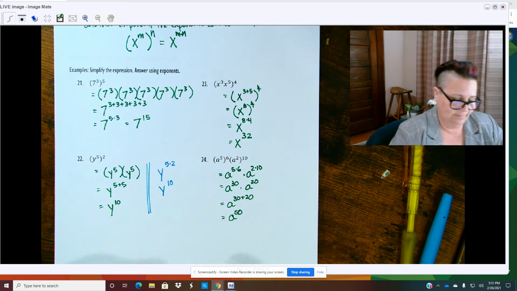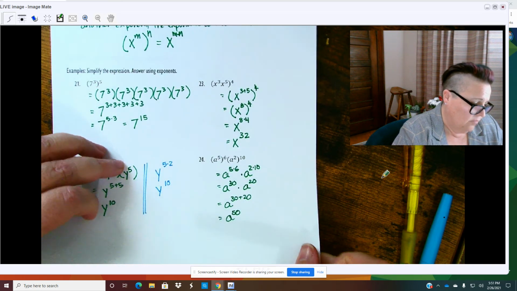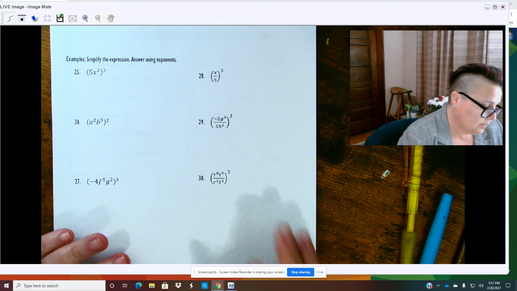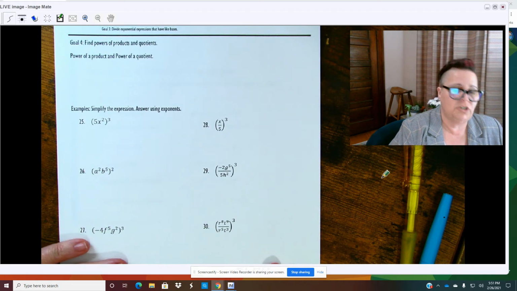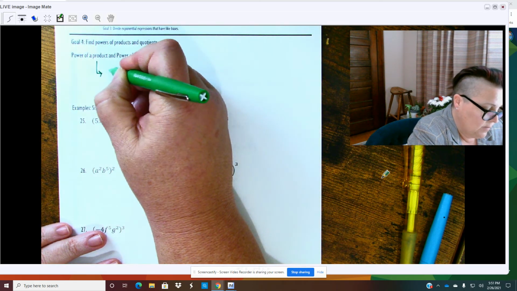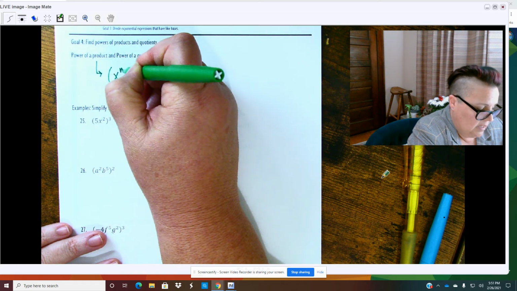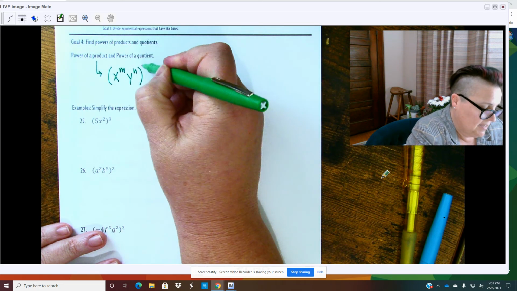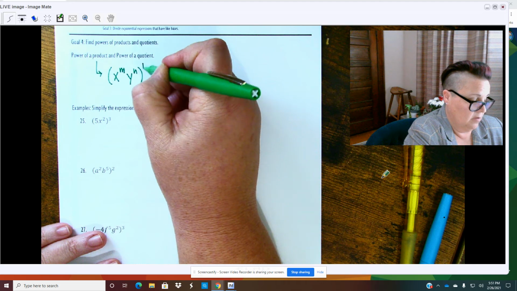Right? Okay, we have one more rule, powers of products and of quotients. Basically, the power of a product and the power of a quotient. The power of a product says that if you have x to the m, y to the n, and you're taking that to the, I don't know what I want to use here.